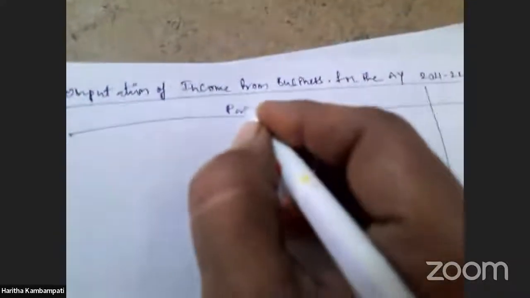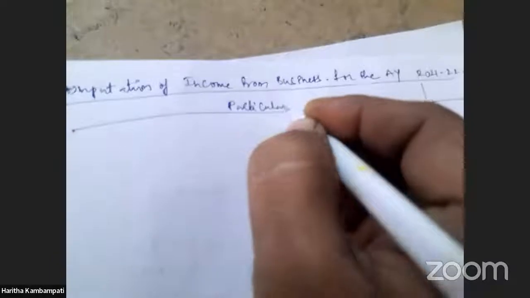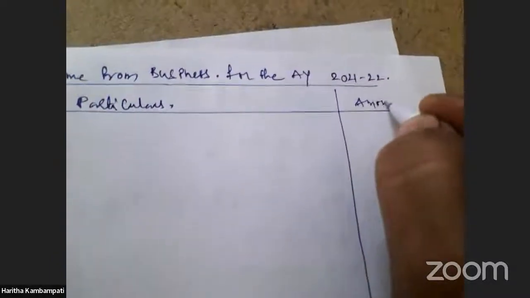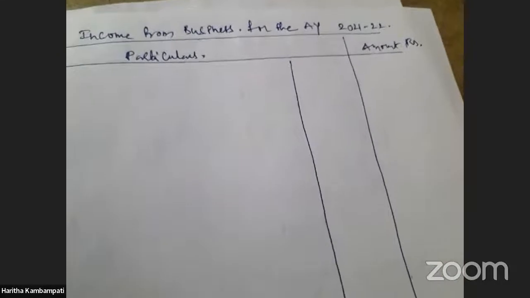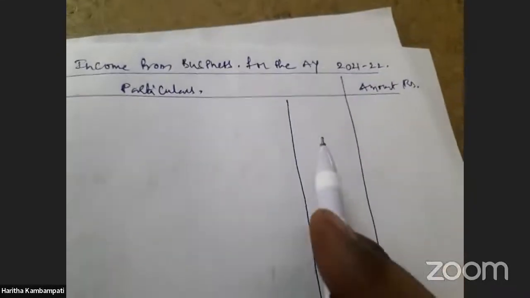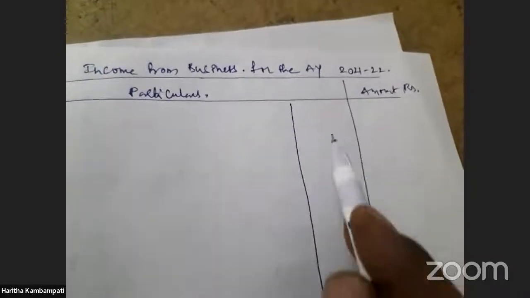So as usual, you have to write particulars, amount in rupees. Here you should take one more inner column for the purpose of internal total.